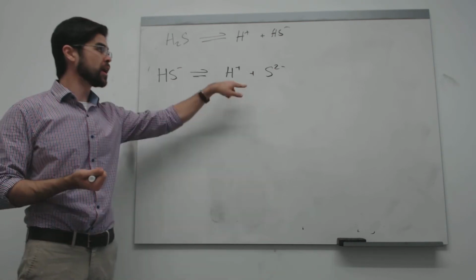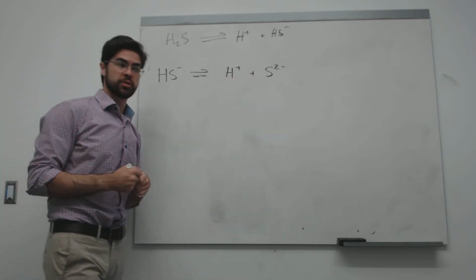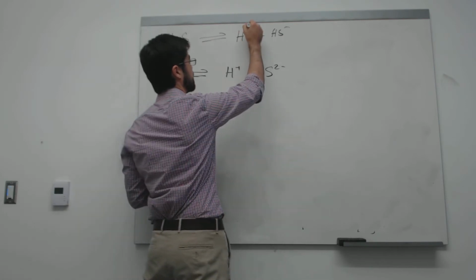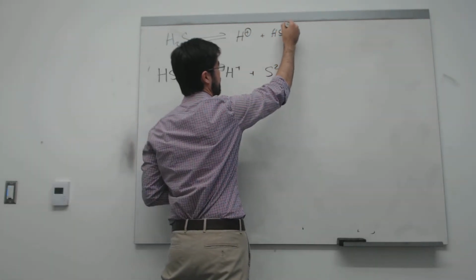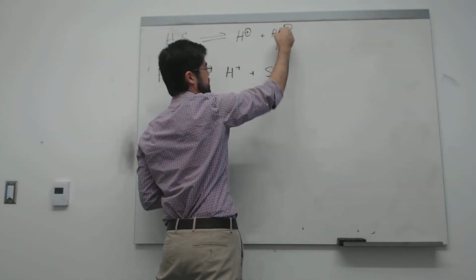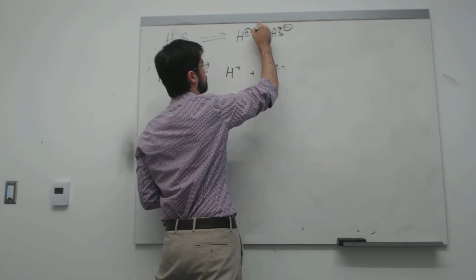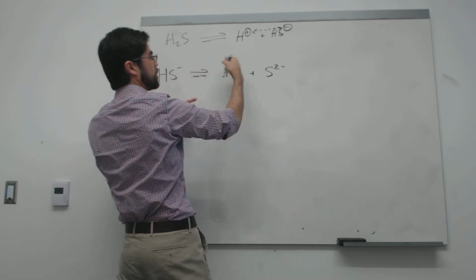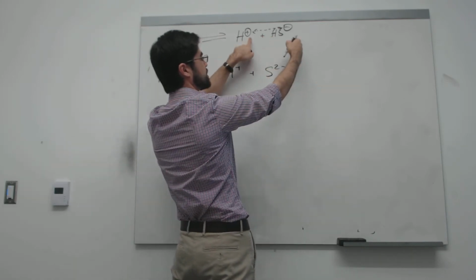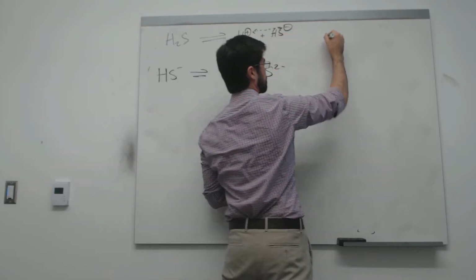Coulomb's law: opposite charges are attracted to each other. In the first case, I have a single positive charge and a single negative charge. They should be attracted to each other. So when I'm trying to separate this molecule, I'm trying to separate a positive charge and a negative charge.